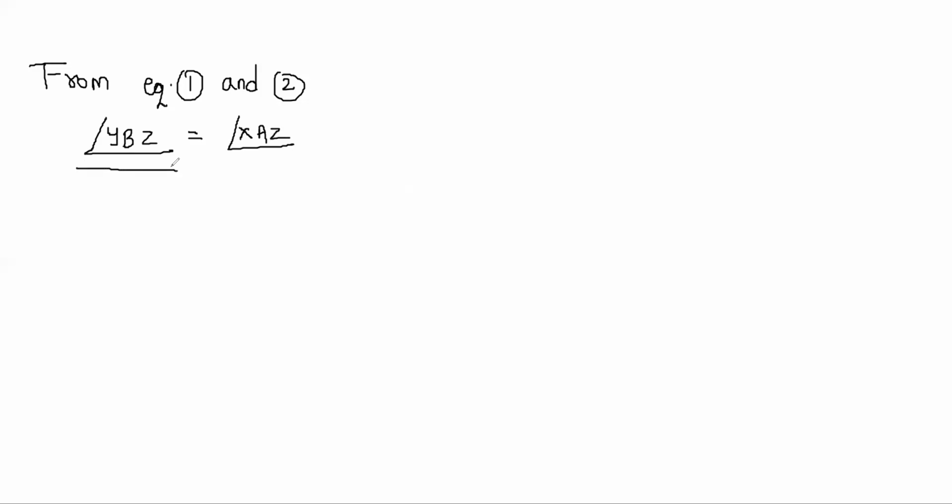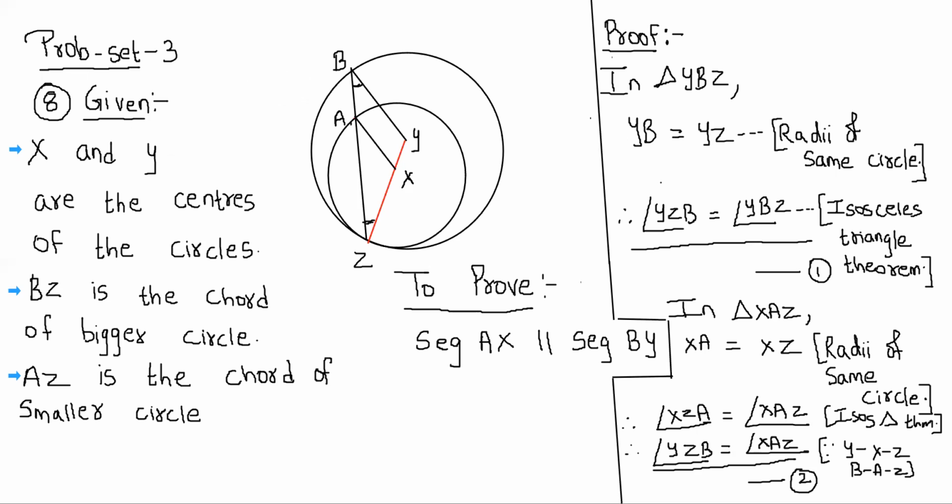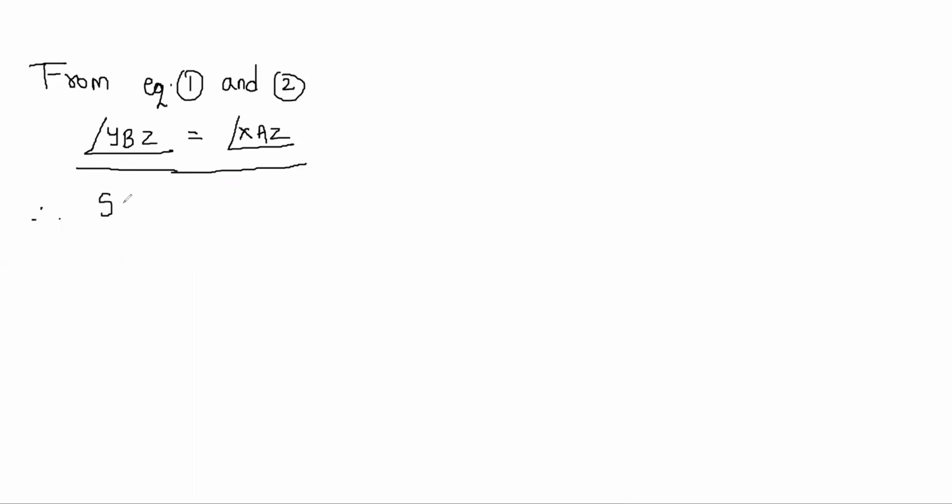Now these two angles are what type of angles? They are corresponding angles. So hence we are going to write in the next step: therefore, segment AX is parallel to segment BY.